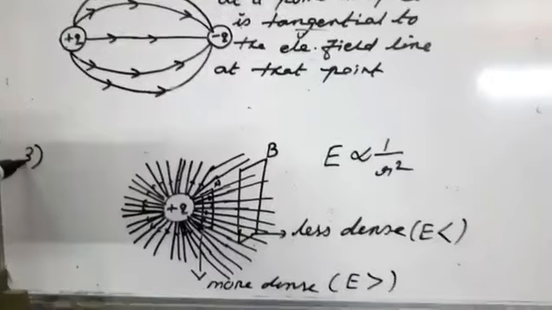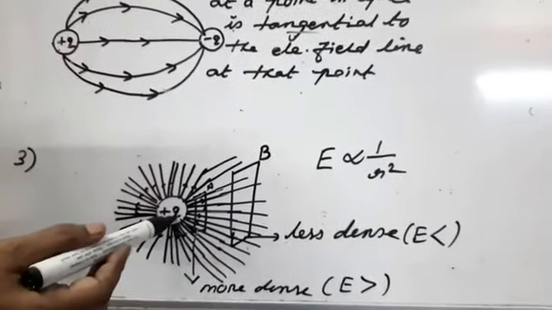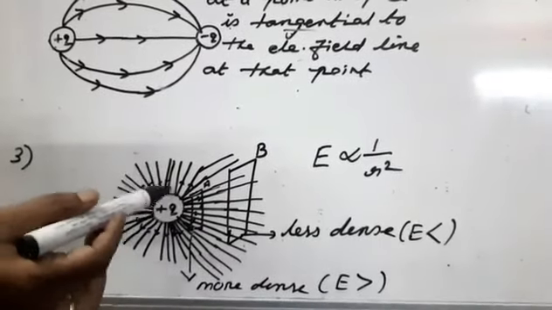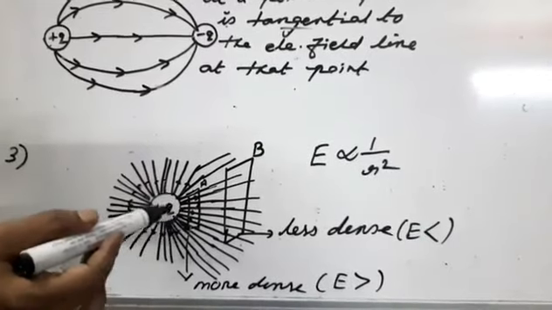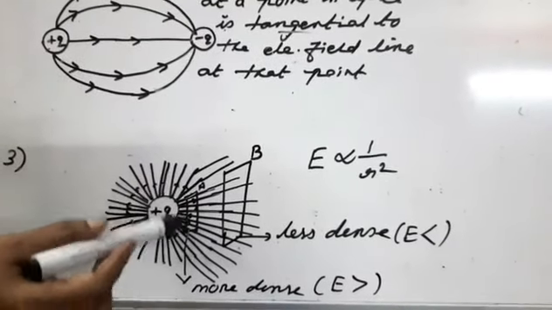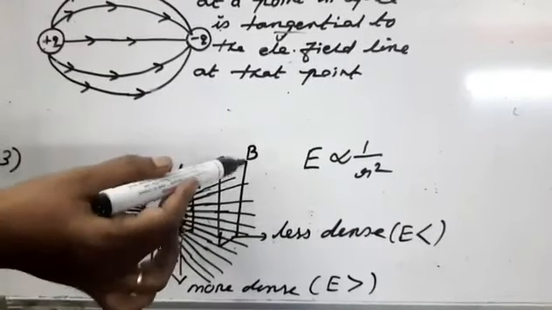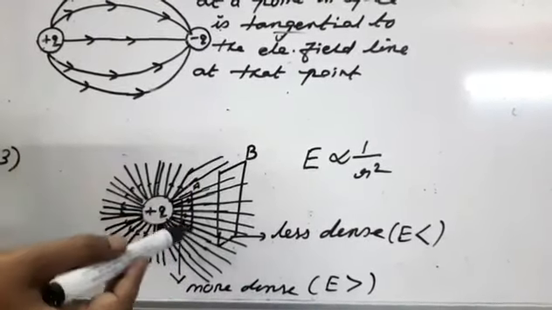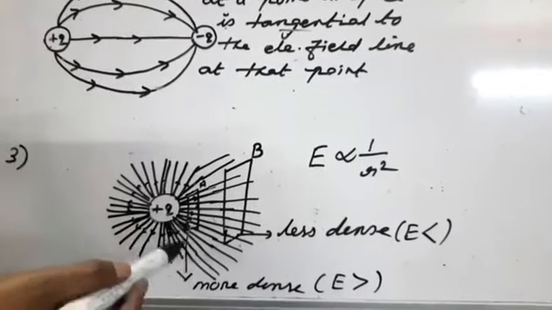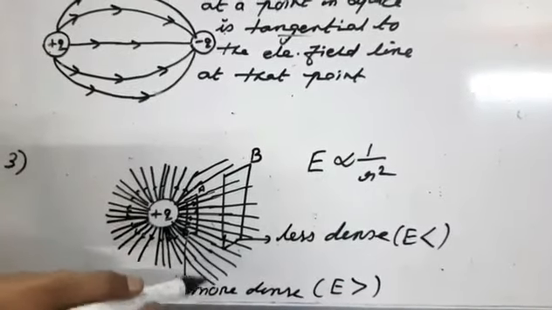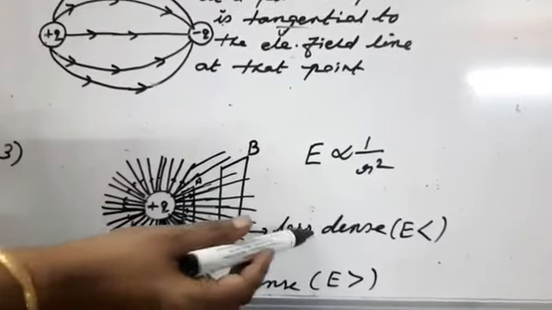And next, the third rule. In this third rule, first we take one isolated positive charge. Outside, so many electric lines are there. Near the charge we draw one surface denoted as A, and at the farthest distance we take another surface B. In surface A, so many lines are crossed. But in surface B, fewer lines are crossed.